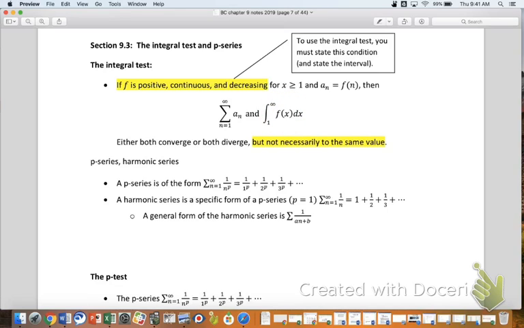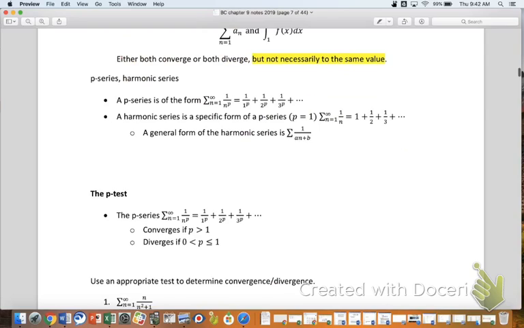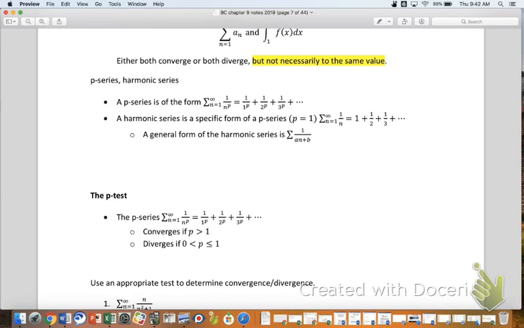There are some potentially easier ways to do this, and one of them we've talked about a little bit. I'll come down here, and we'll talk about the p-series and the harmonic series. As you may remember, a p-series is specifically where your nth term is 1 over a variable, probably n, to a numerical power.